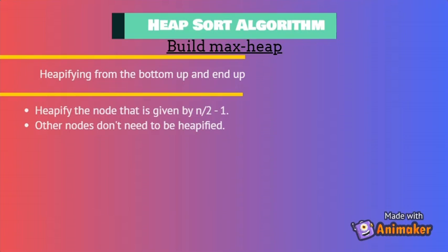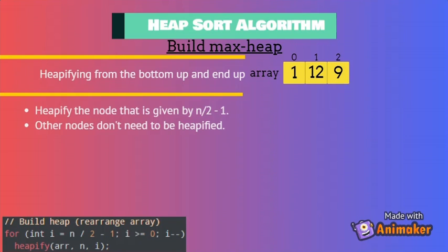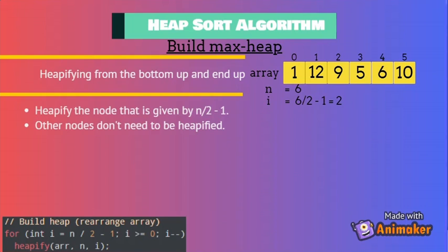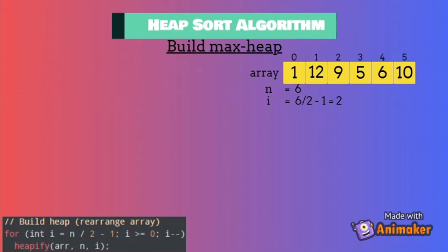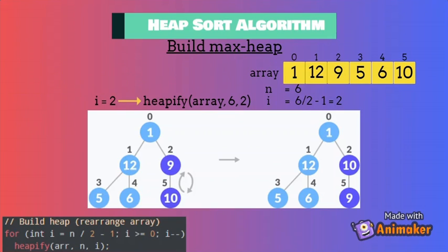So, we can build a maximum heap as follows. i is equal to 6 divided by 2 minus 1, equal to 2. Loop runs from 2 to 0. First, i equal to 2. Heapify array 6, 2. 9 is smaller than 10, so 10 moves up.